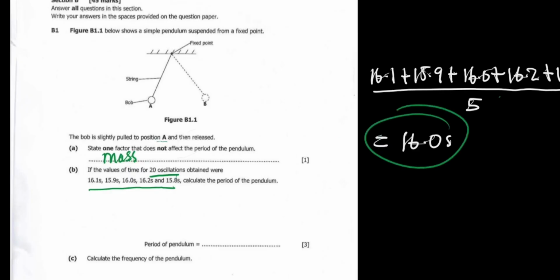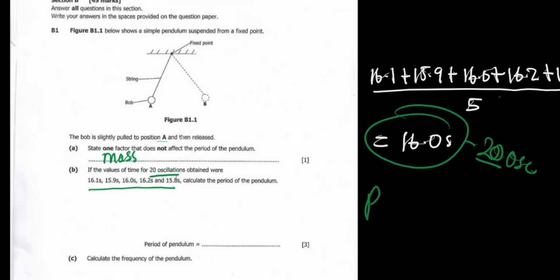Now for 16 seconds, how many oscillations are made? Notice that we have 20 oscillations for 16 seconds. What happens if we want to find just the time for one oscillation?